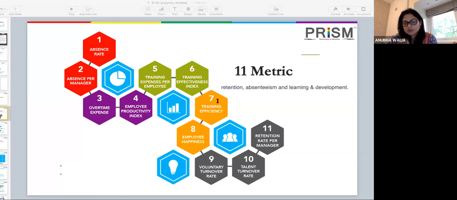Then we also have absence per manager. Here you divide the number of absence days in a team or department by the total FTE. FTE we've already discussed in the first session, which stands for full-time equivalent. With this, HR can easily identify problem areas within the company.